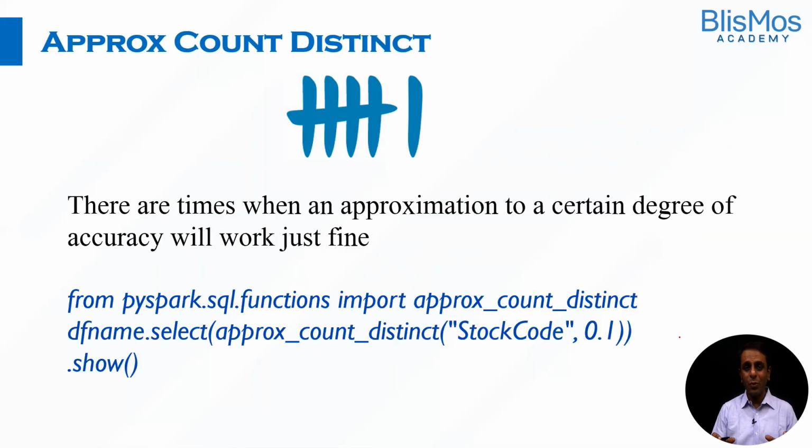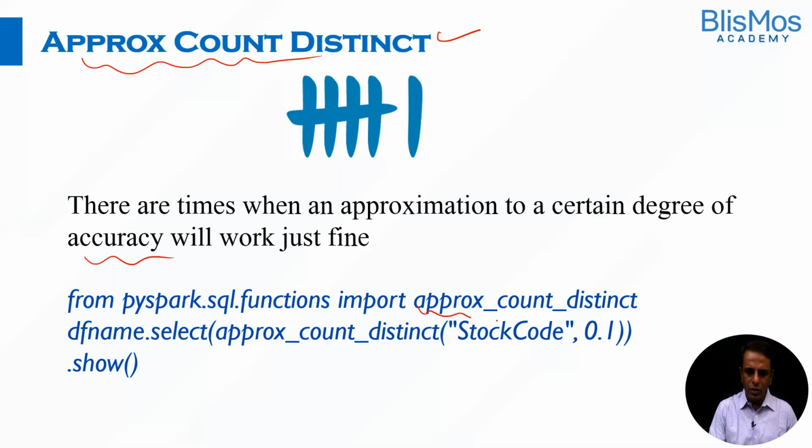And sometimes you are okay with approximating the distinct values in the column. That is when you can use the approximate count distinct. It approximates the count to a certain degree of accuracy. How do you approach the approximate count distinct?